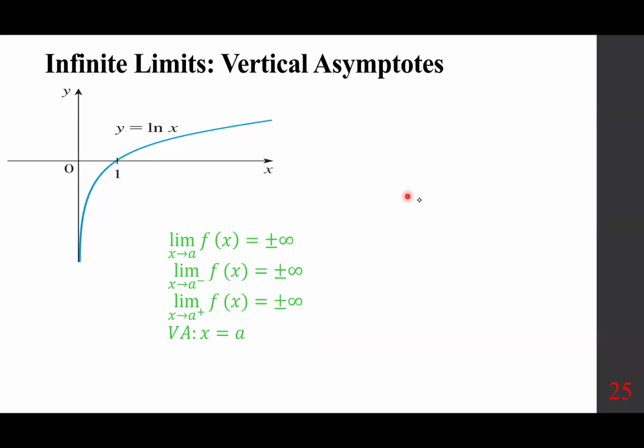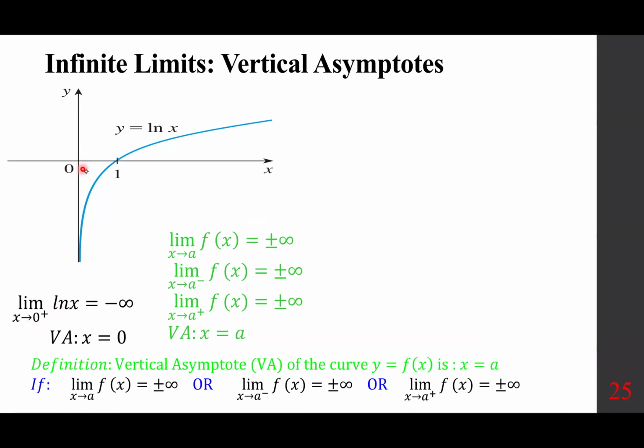As you can see, the limit of ln x as x approaches 0 from the right is negative infinity, and according to this, the y-axis becomes the vertical asymptote, and it has the equation x equals 0. So vertical asymptotes, or VA, of the curve is x equals a, as long as one of these is true. That's the synopsis of that.